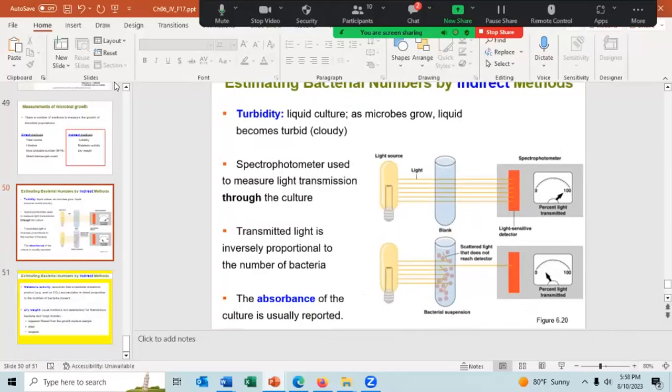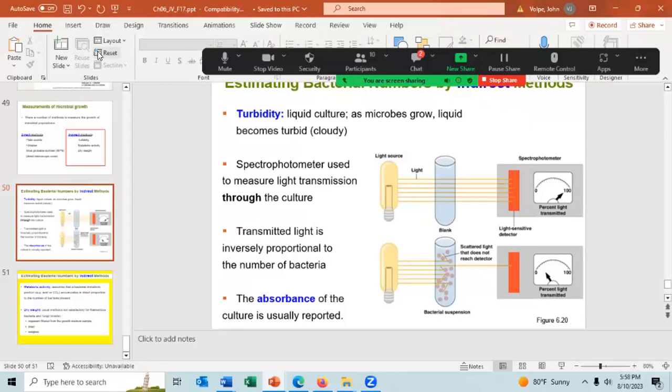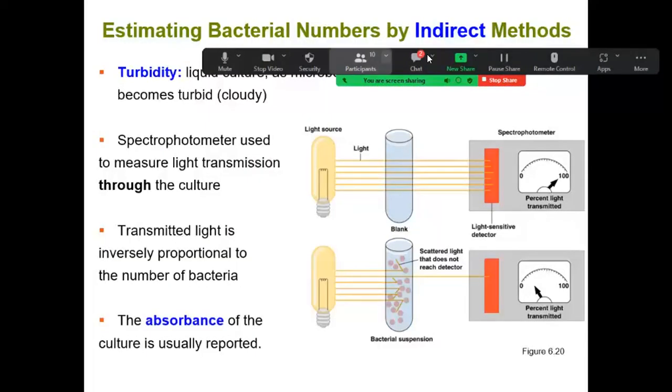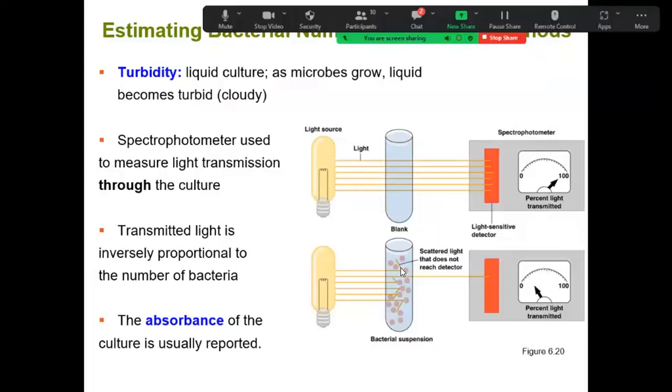Let me blow this up a little. Wherever you have the cells, it'll block the light getting through. So less light will get through this tube compared to that tube.